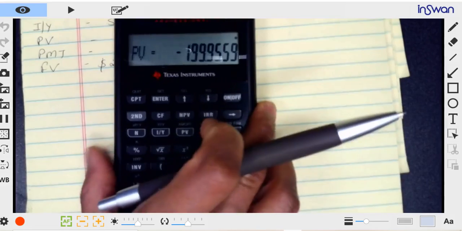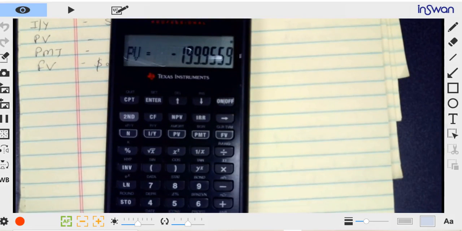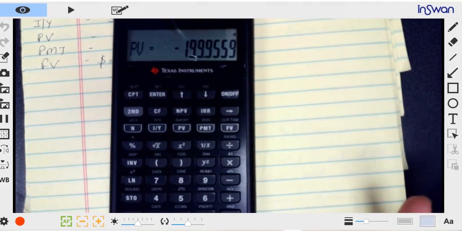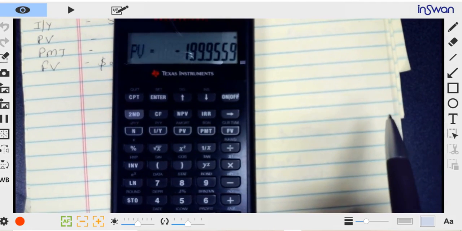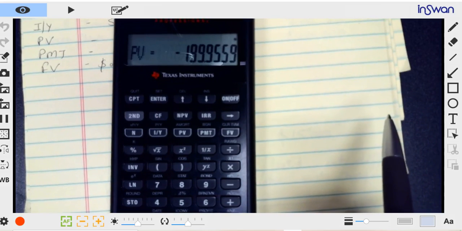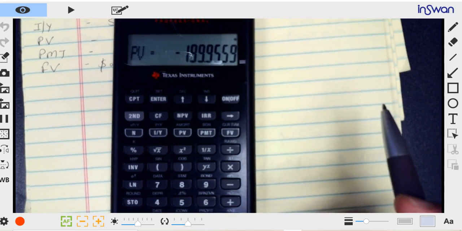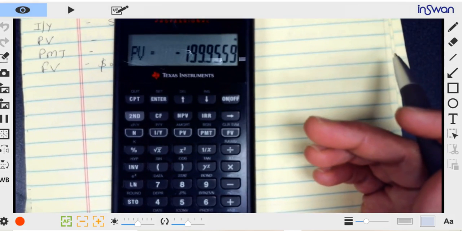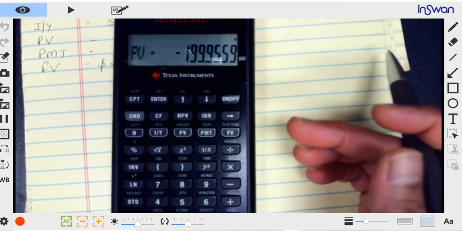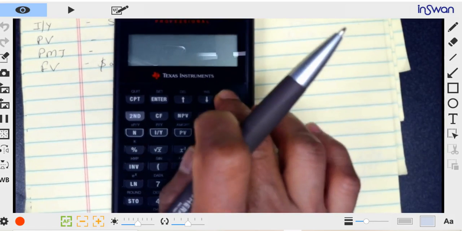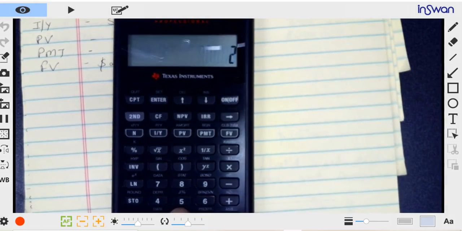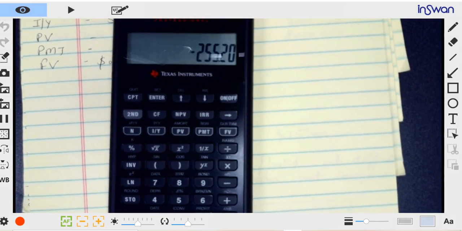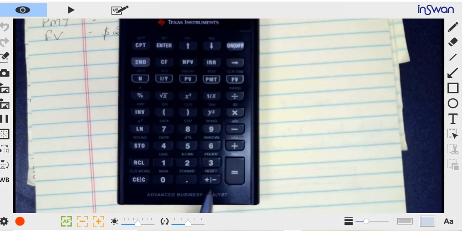If the situation is different, where we have to repay, we will receive some amount today, we don't know how much, at a 5% interest rate, but later on that amount has to be repaid as 255. Whatever the situation is, you can plug that number in as a negative number with this button right here.